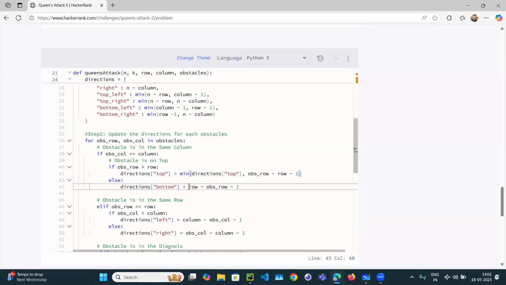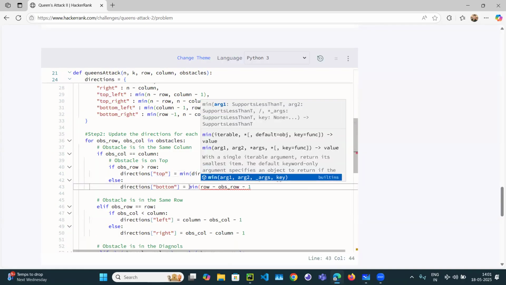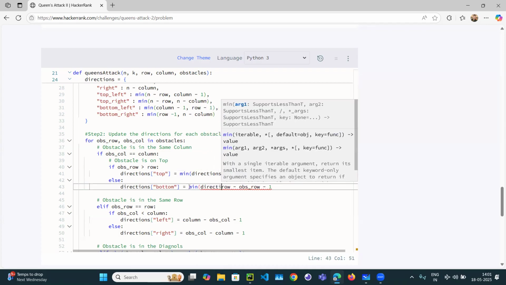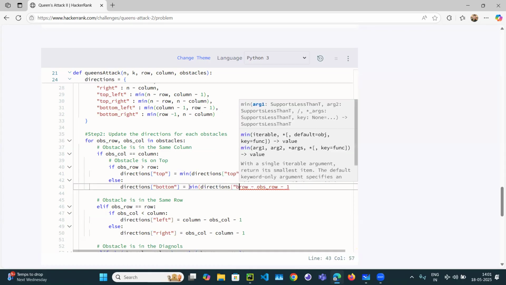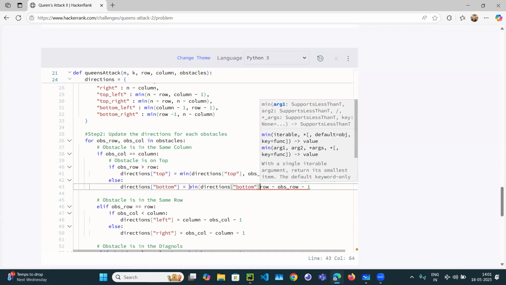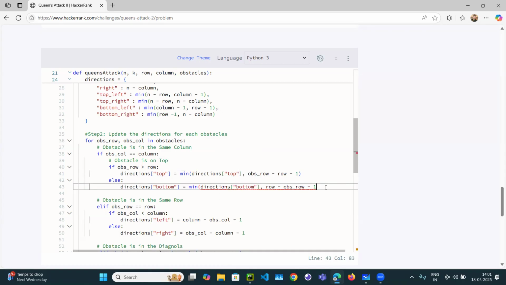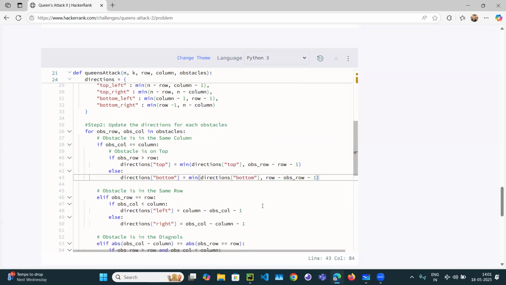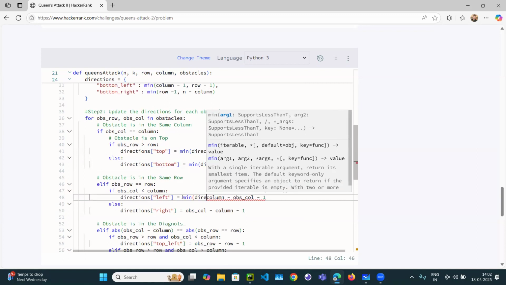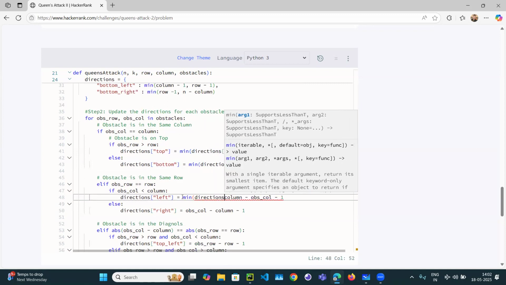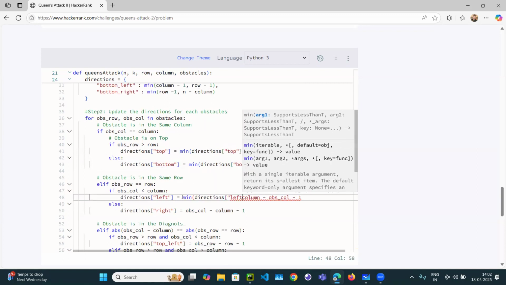So the same thing you need to do for every variable: directions of bottom, and similarly here, because there could be multiple obstacles. If there is only one obstacle, then you don't need to do this.